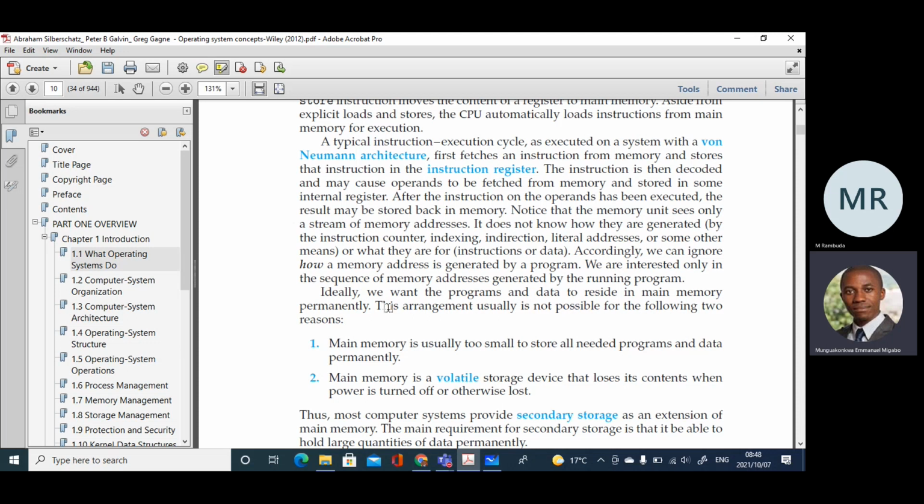Also, main memory is a volatile storage device, meaning it loses its content when power is turned off. So main memory here, when we speak about memory, we're talking about RAM. Main memory is volatile, meaning it's RAM, not ROM.